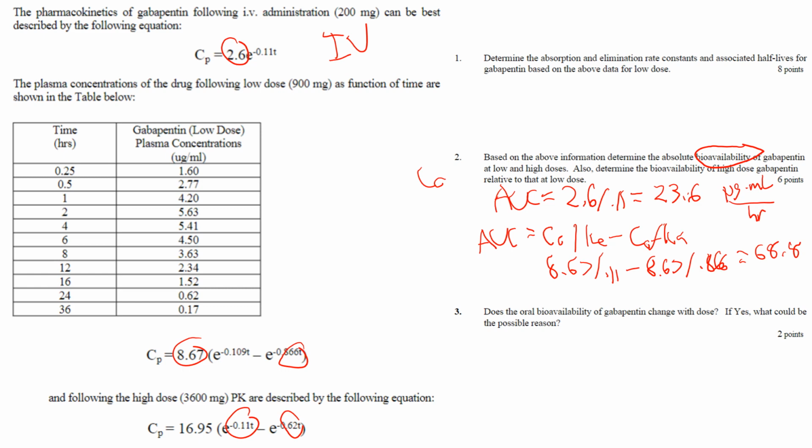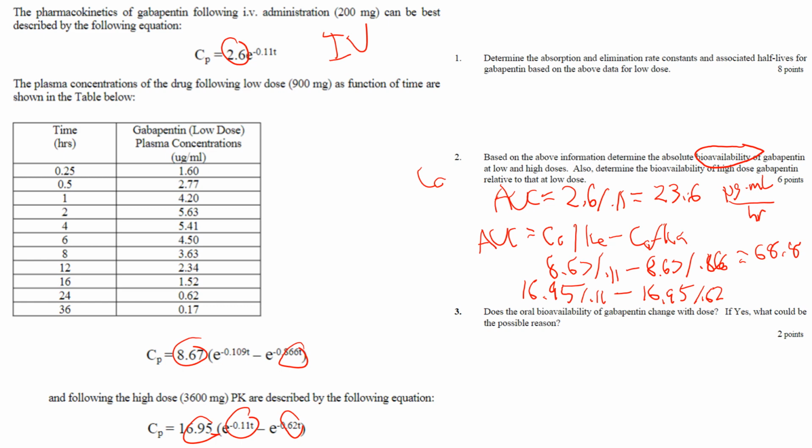Let's do it again for our high dose oral. C naught is 16.95 divided by the same elimination constant, 0.11, minus 16.95 divided by 0.62. Is this the absorption constant? Because remember, those absorption constants are different.